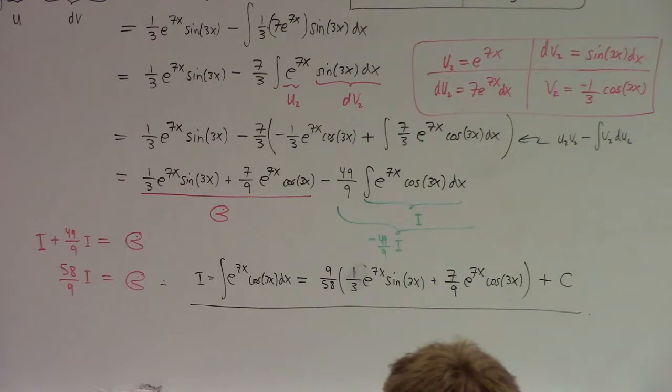What's the relation between 58 and the numbers which are given? How do 7 and 3 and 58 relate? Seven squared plus 3 squared is what?